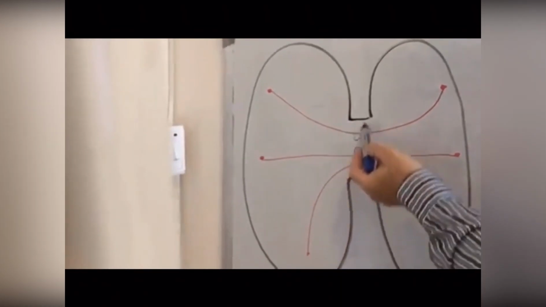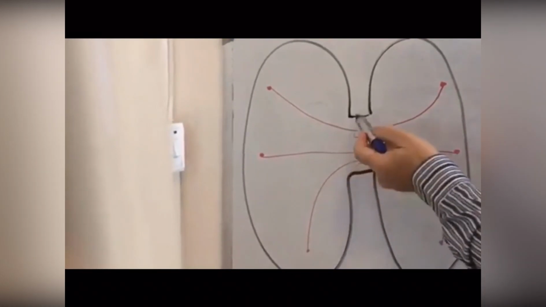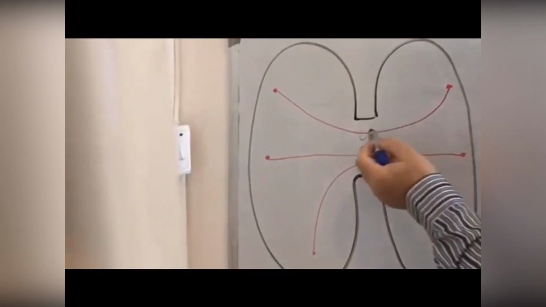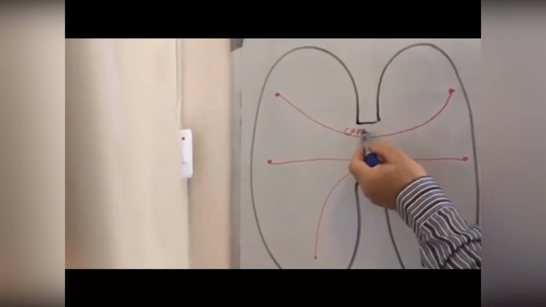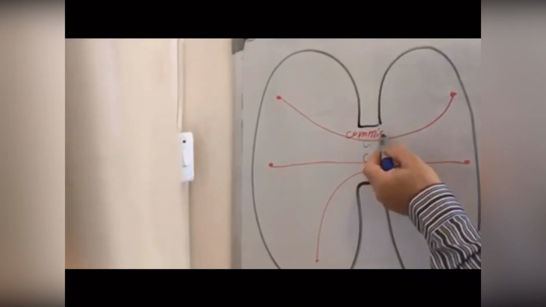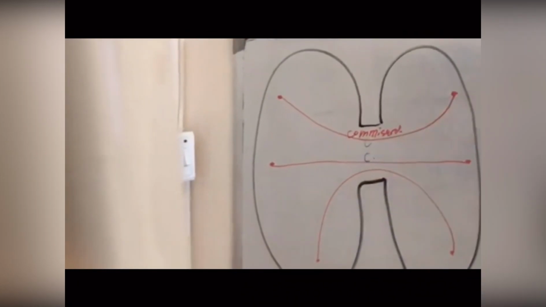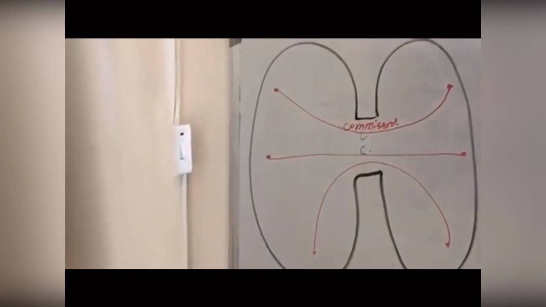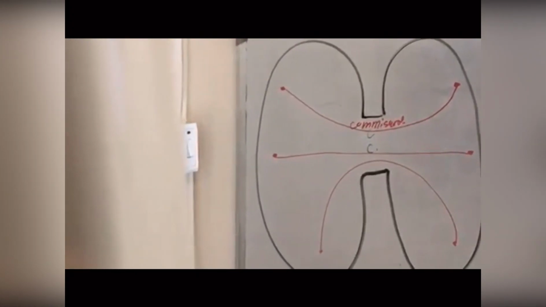And all these fibers only pass in the region we call corpus callosum. These fibers, we call them commissural fibers.